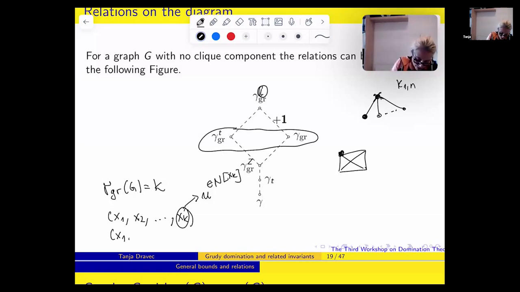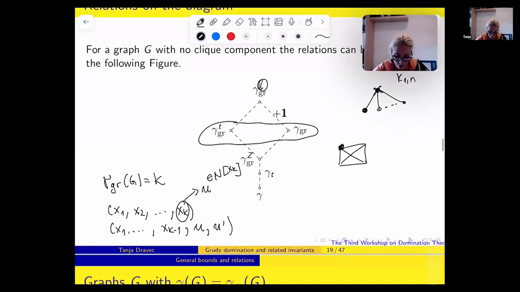I can create a sequence up to xk minus 1, the same as before. But now I can put u in the sequence. Now u dominated itself, footprinted itself, which means by the definition that it can be footprinted again. So I can put one more vertex, say u prime, an arbitrary neighbor of u. And then this is a legal L sequence of cardinality at least k plus 1. And this means that L Grundy domination number is at least one more than Grundy domination number.